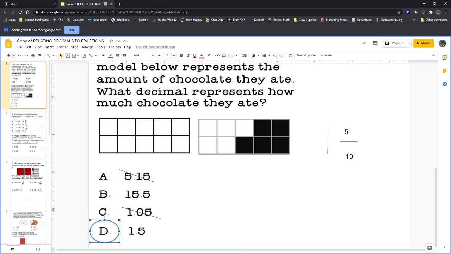Do they show me 15 candy bars here? No, they only show me 2. There's no way that they can eat 15 candy bars if they only have 2. But what they can eat is 1 whole candy bar and then 5/10 of the next candy bar.